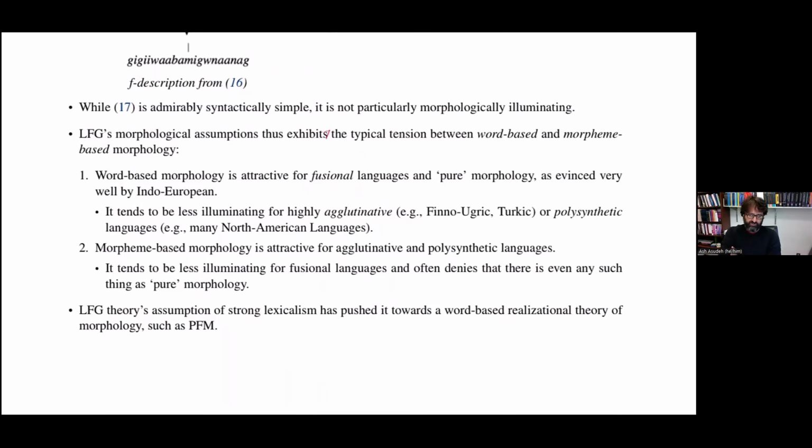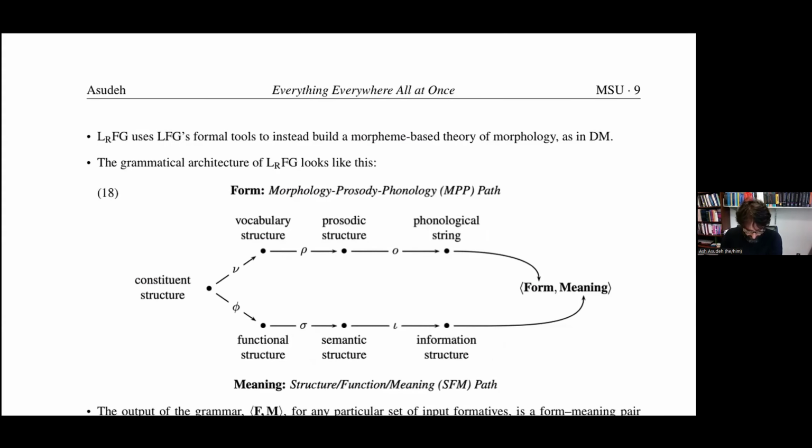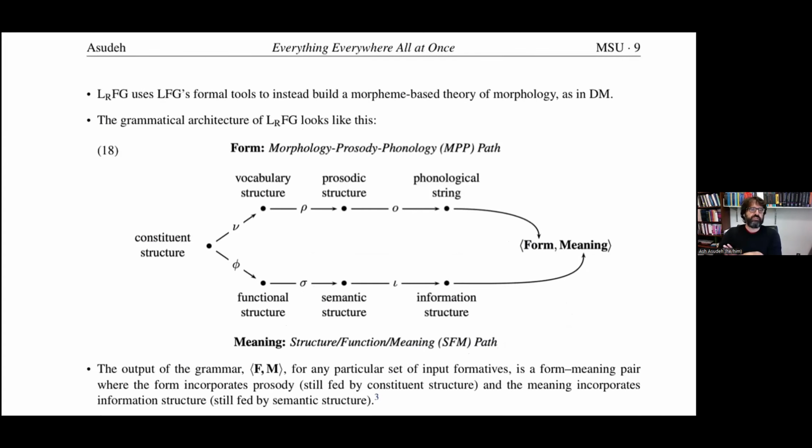So LFG theory's assumption of strong lexicalism has pushed it towards a word-based realizational theory of morphology, such as Paradigm Function Morphology, Stump's theory. Instead, LrFG uses LFG's formal tools to build a morpheme-based theory of morphology, as in DM. So the grammatical architecture of LrFG looks like this. You see that the origin point in the architecture is constituent structure, and then there's basically two paths through the architecture.